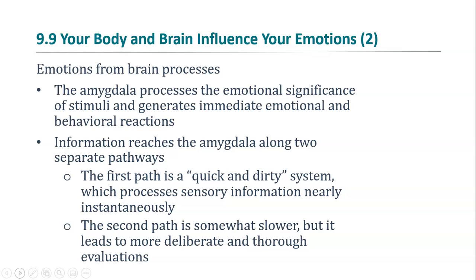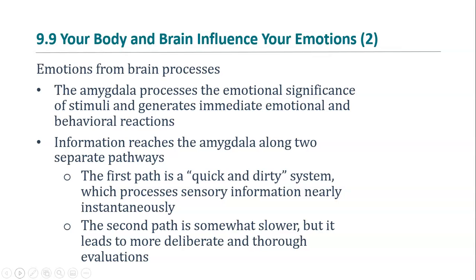The amygdala, that small almond-shaped structure on the end of the hippocampus, is crucial for interpreting the emotional significance of events in the world. And there's sort of two ways that the information gets to the amygdala. The first way is this kind of unconscious rapid path where it goes directly from the sensory systems to the amygdala.